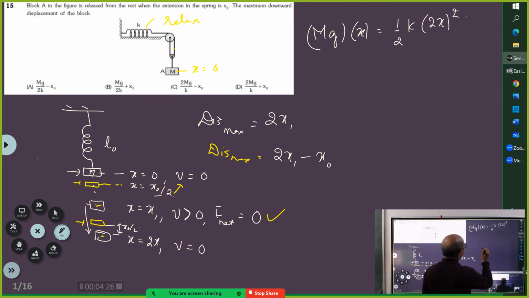Yesterday we solved this and we got x as mg by 2k.